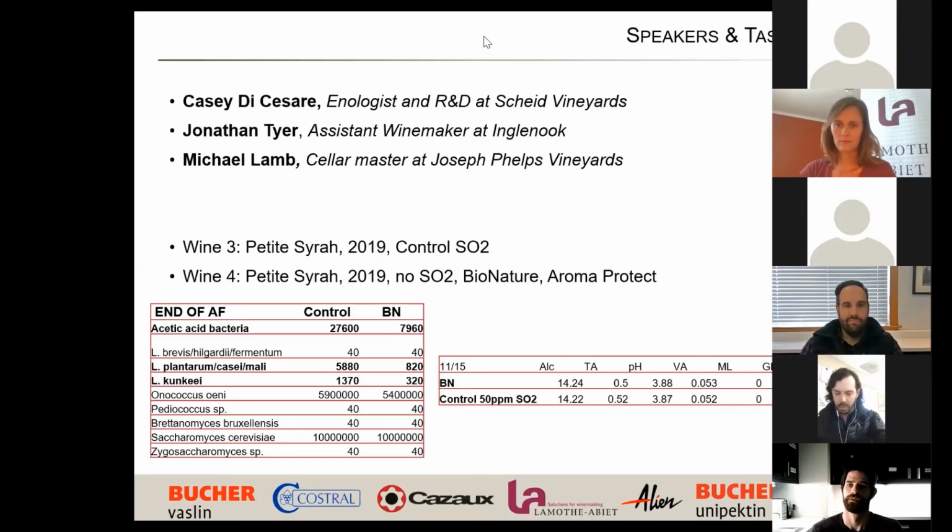That basically replaced the control, which was wine 3, where I used sulfur up front and sulfur at the back end. But all the other additives, sacrificial tannin, enzyme, oak dust, nutrient, all the yeast except for the BioNature, was the same between both trials. So you're really just looking at the difference between a wine made with sulfur versus a wine made with BioNature and Aroma Protect.